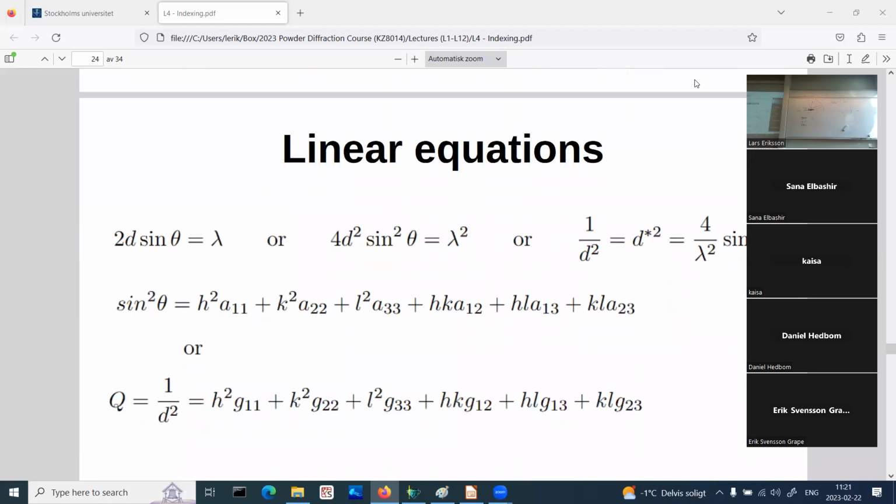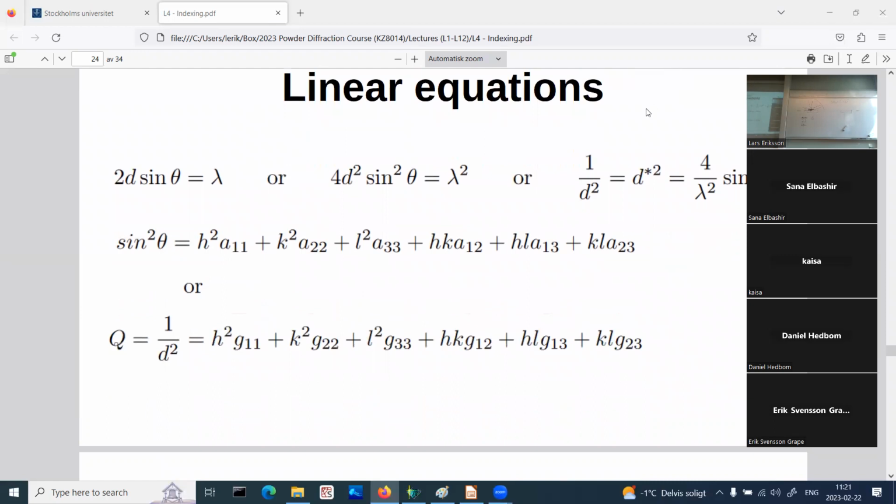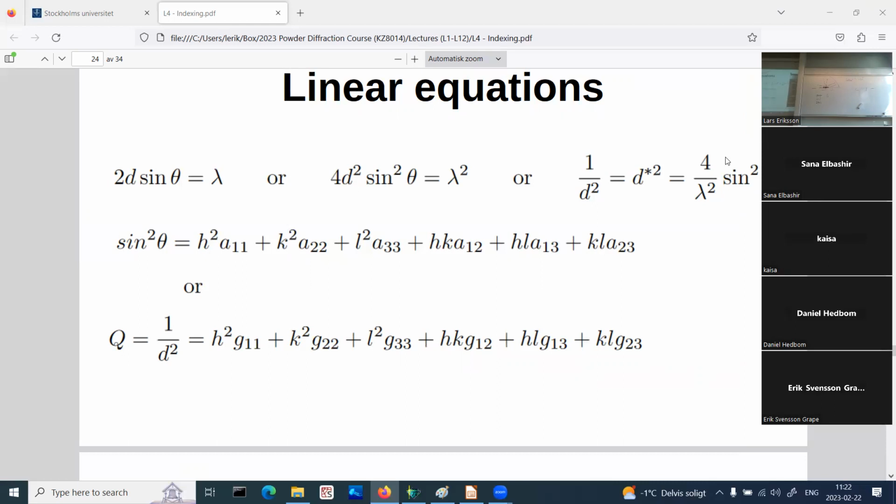So, coming back to reality, we leave the mathematics, perhaps. This is Bragg's law. Or if we slightly convert it, we can express Q in terms of the scattering angle, the 2 theta, but actually sine square of theta.